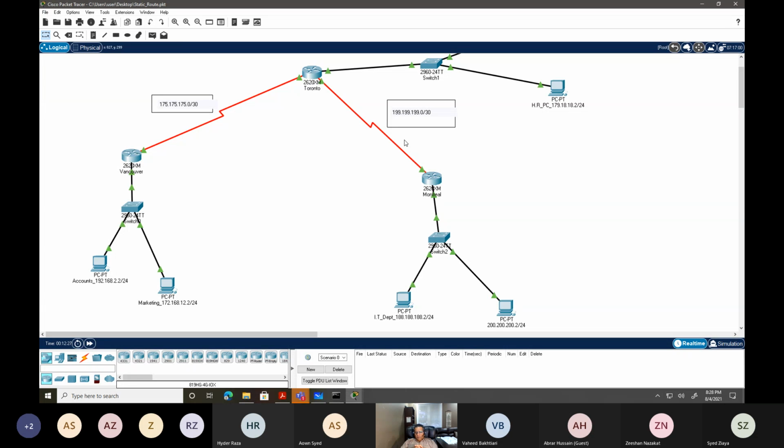So if that's the case, then he's right. For every router, you have to define four static routes, right? Four for each location. So that's the question: do you need four static routes for every single router?